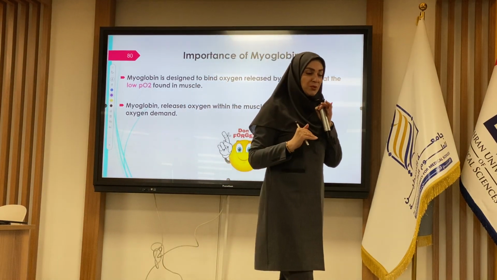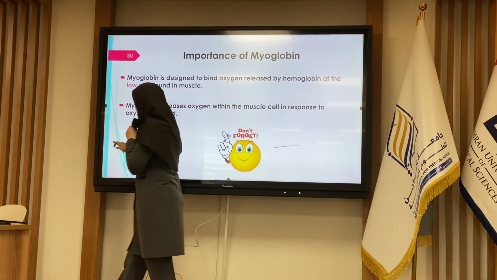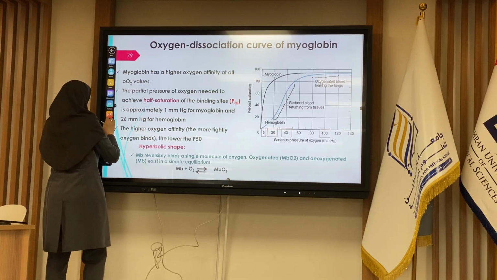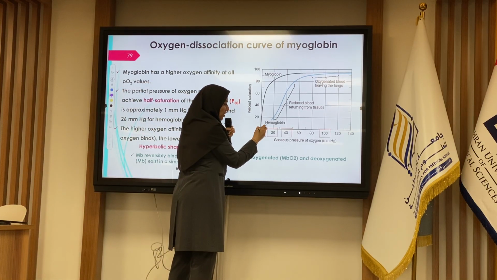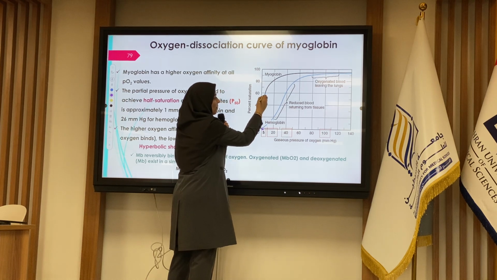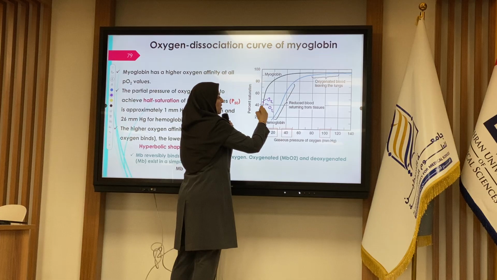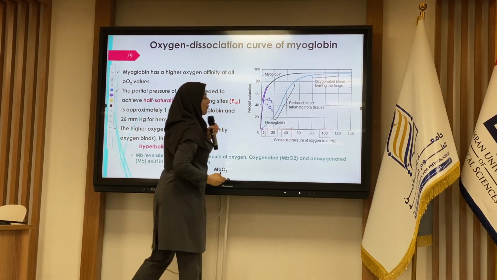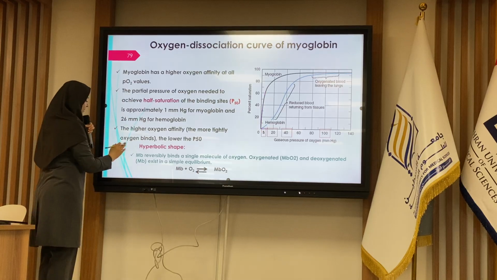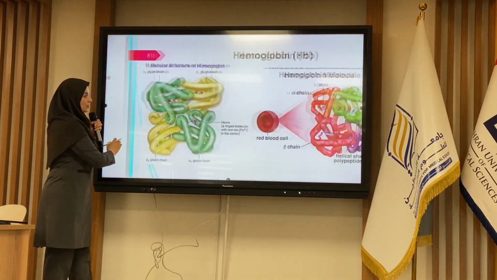Whenever you are at risk of actual death, for example, when you encounter a very low pressure of oxygen, the myoglobin can release the oxygen because it has a very high affinity for oxygen. So it's better to use hemoglobin for transportation of oxygen.